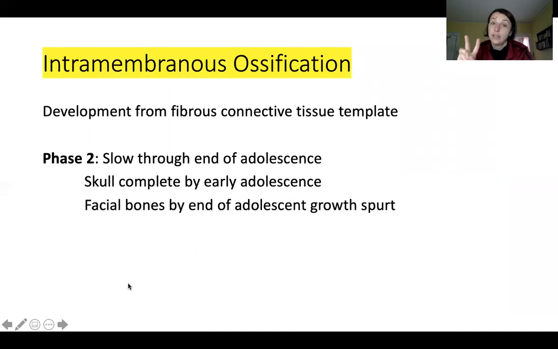Okay, phase 2. What happens in phase 2 is that everything is going to ossify, and that's the phase that's happening until adolescence. So if you think about the facial bones of a child versus an adult, right?